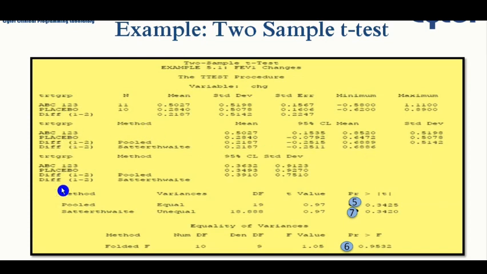When you used the t-test, see, the t-test can be used with the assumption of equal variances between the two groups or unequal variances between the two groups. So if you assume equal variances, then it gives you the p value as 0.3425, and if you assume unequal variances, then it gives you the value of 0.3420.